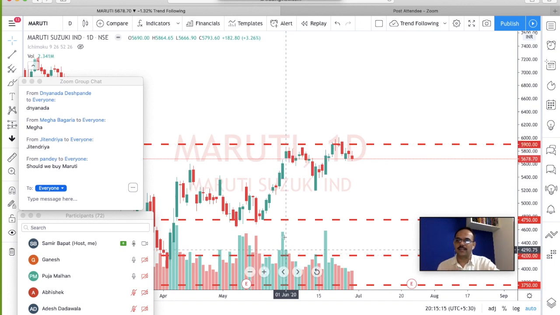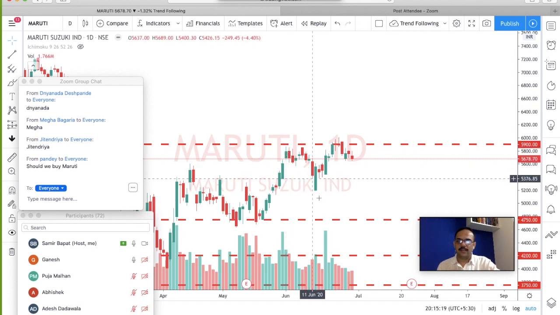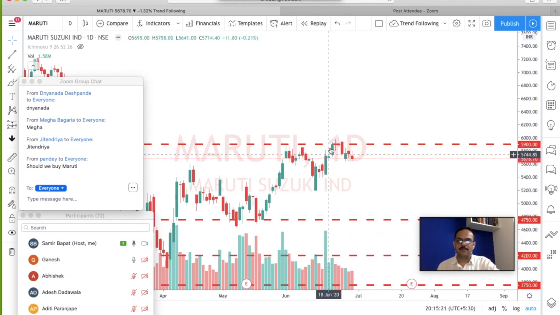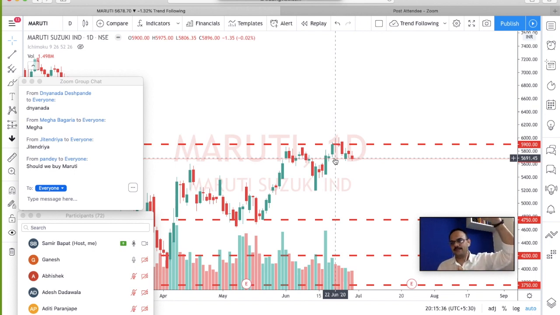Buyers are ready to pump in money. It went down, again it went up, buyers are ready to pump money, but they are not pushing it hard. They should have pushed hard and taken it up, but they are not pushing hard enough to break the ceiling.